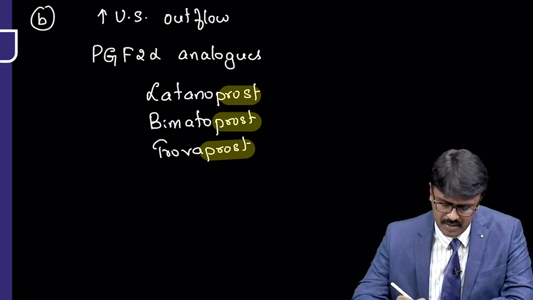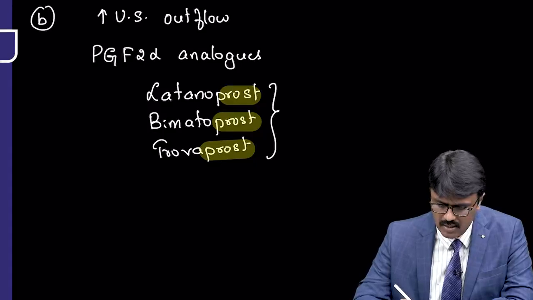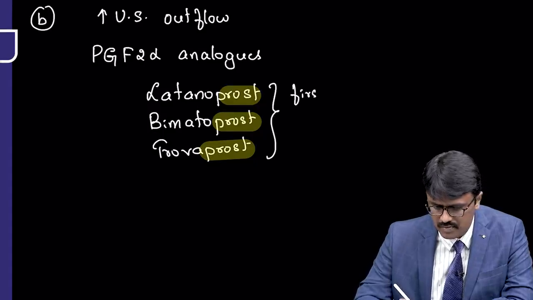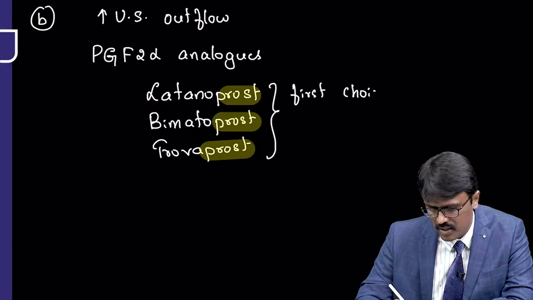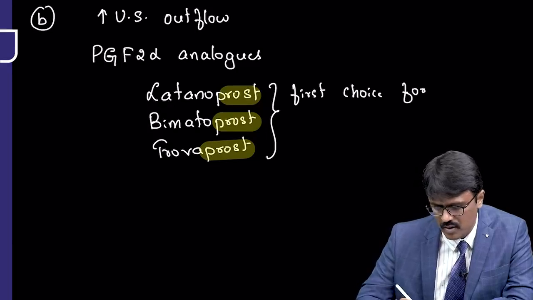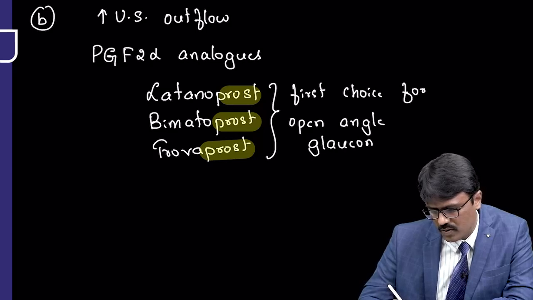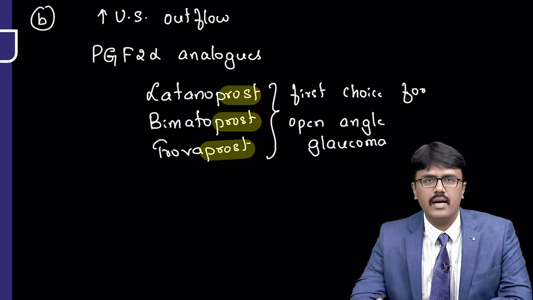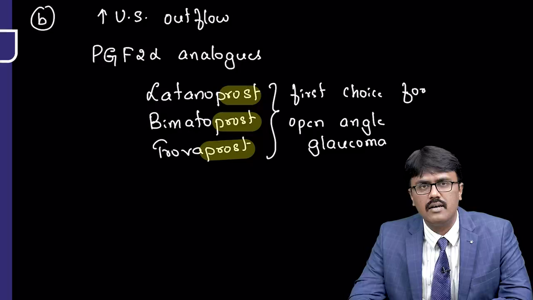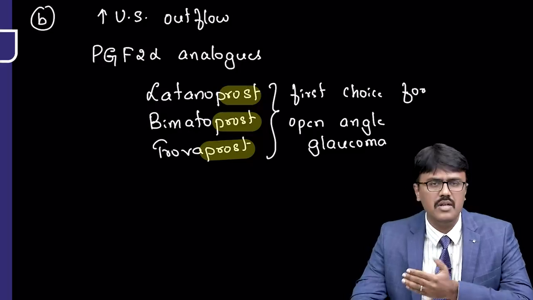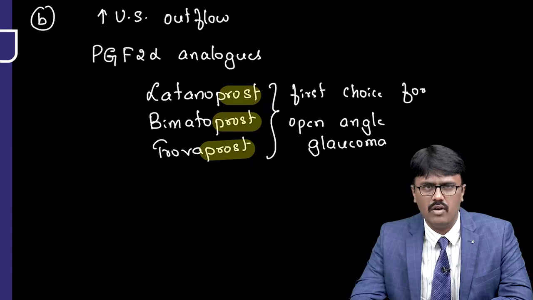Please remember, these prostaglandins are the first choice nowadays for open angle glaucoma. They increase the uveoscleral outflow, and are the most commonly used eye drops in glaucoma.